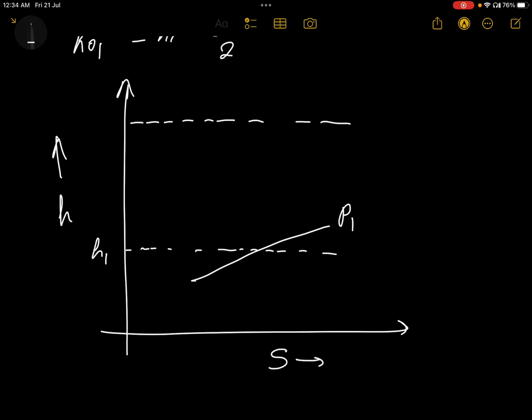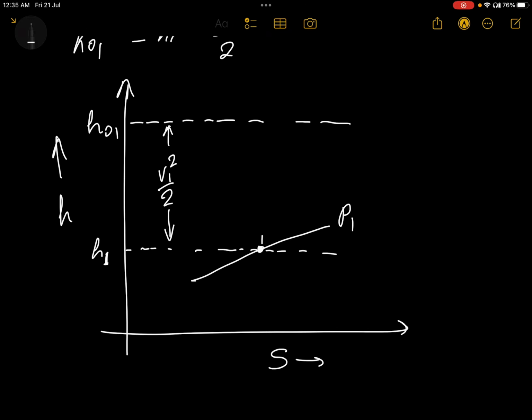When we add V1 square by 2 to H1, we come to H naught 1.